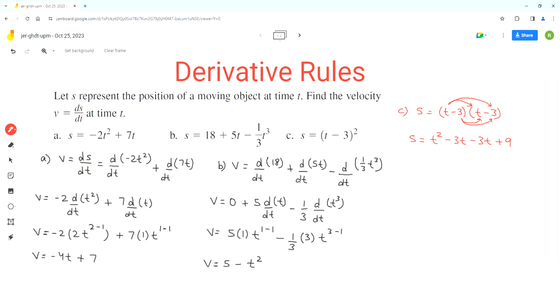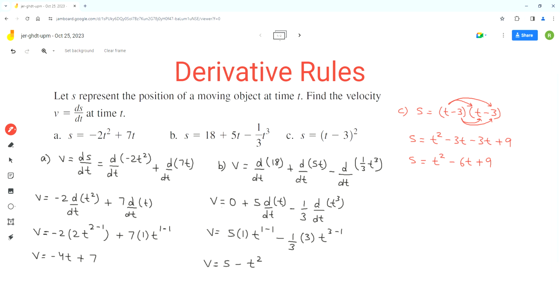So t times t is t square, t times negative 3 is negative 3t, and negative 3 times t is also negative 3t, and then negative 3 times negative 3 is positive 9. Now we can combine the like terms. So negative 3t minus 3t is equal to negative 6t and then plus 9.